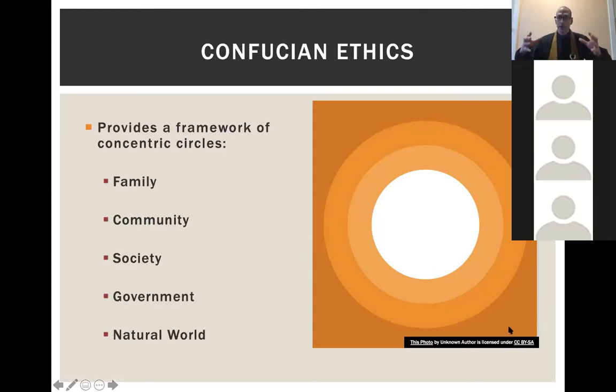So Confucian ethics links all of those different layers of reality together into one single cohesion of concentric circles. The individual, the family, the society, the political sphere, and then on the widest ring is the natural world. All of those we need to connect with in a relational way in order to become more fully human.